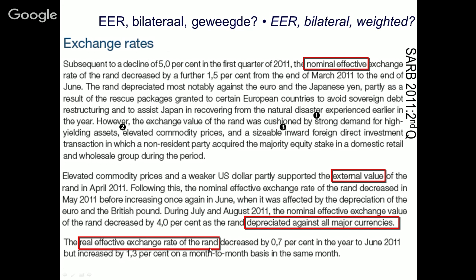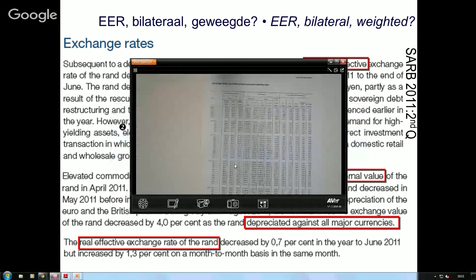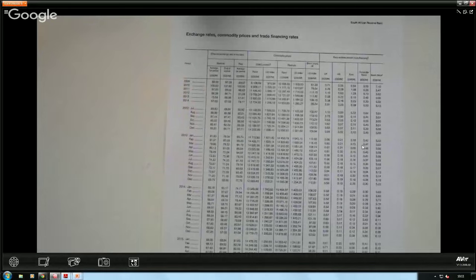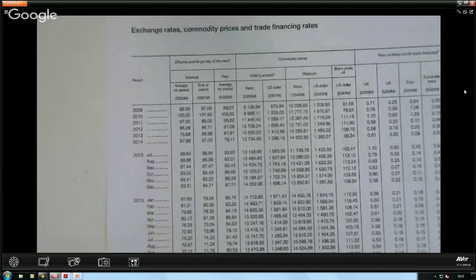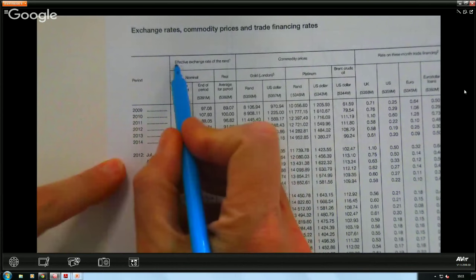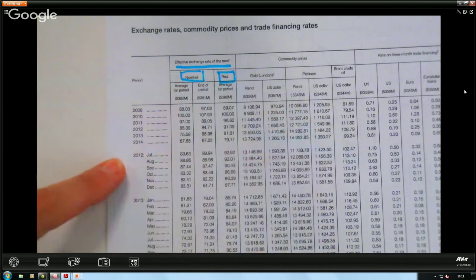Now, what is that? On the page that I gave you, you will see that they talk there about the effective exchange rate of the rand, and then they have a nominal box and a real box.